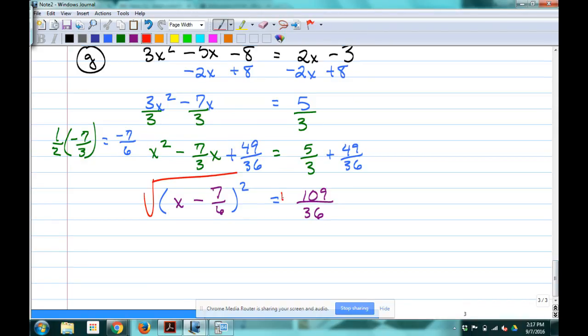That's the right step. Works out real nice because the denominator is going to be a nice square root. Square root of 36 we know is 6. 109, that's kind of a weird number. 108 would have been really nice, but it's not. So I think 109 is prime. And when I say I think, it is. Okay. And then on the left side, we got x minus 7/6, and all we got to do is add 7/6.